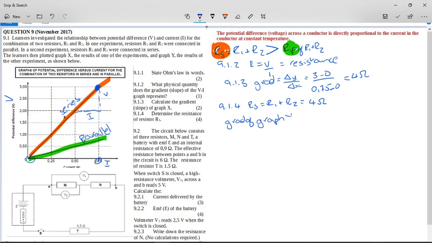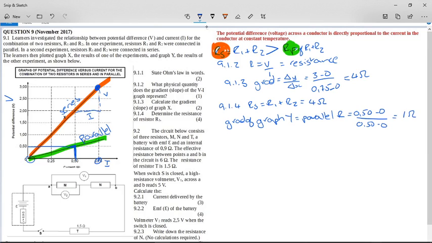The gradient of graph Y is the parallel resistance because parallel resistance is always less than series resistance. So what would the gradient of this graph be? I would take it at this point over here. Okay, so I would say 0,5 minus 0 over handily 0,5 minus 0. So a half over a half is going to give me 1.